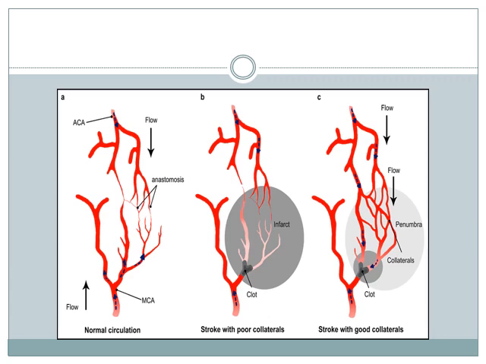Now we have this picture. If you notice in the second and third pictures, we have the same clot. But in the first case, we have a very large infarction, which is the gray area, while in the third picture the infarction is very small.